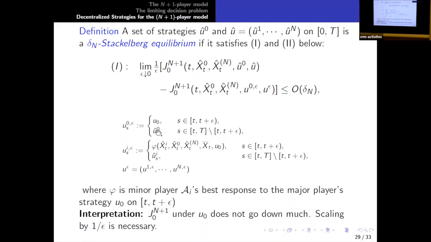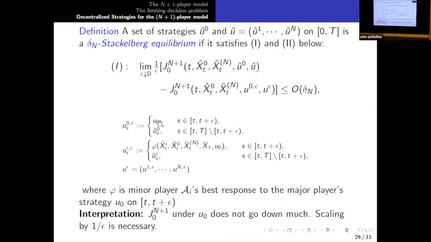There is a good reason to do this kind of perturbation because we take this interpretation of t-selves. After t plus everything is played by other guys. It's actually like t incarnations of the major player. So it cannot really adjust the future plan. It only adjusts for this short period.